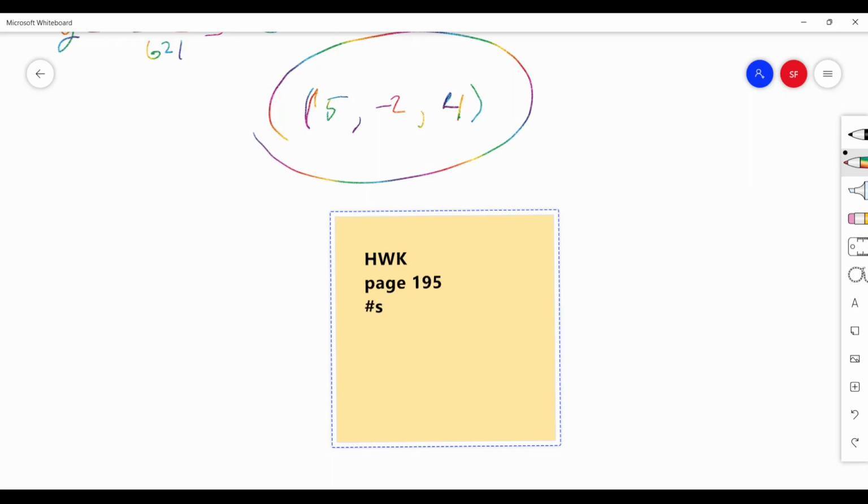We're going to do numbers 34 through 38 evens, and 46 and 48.